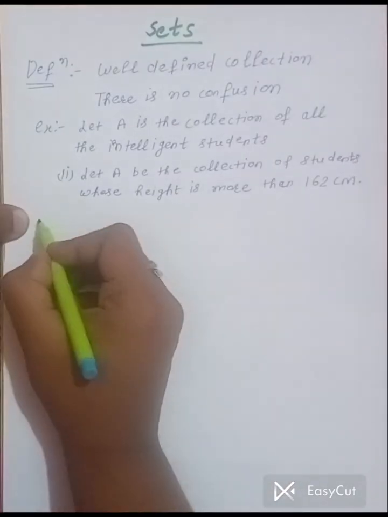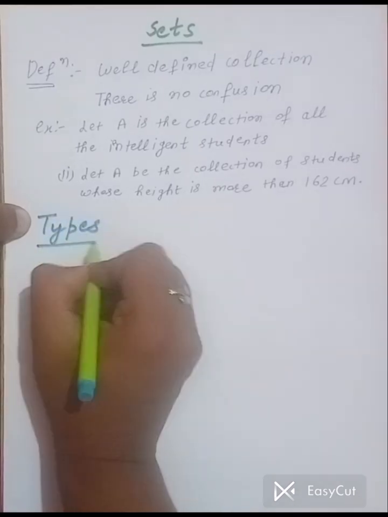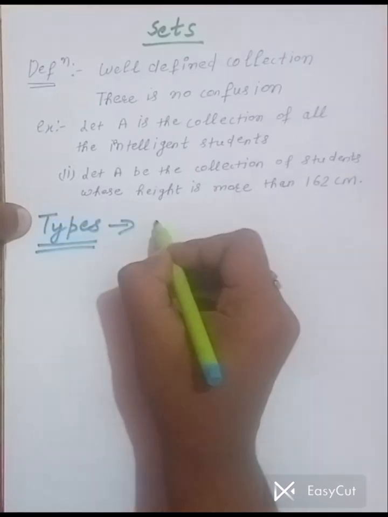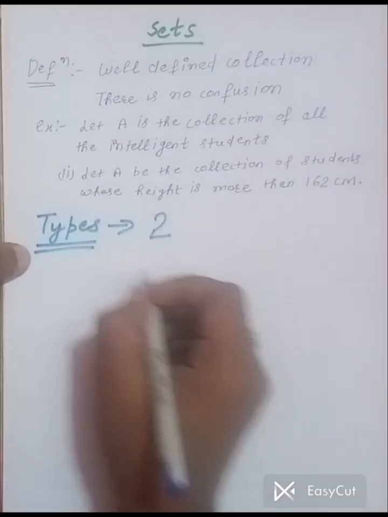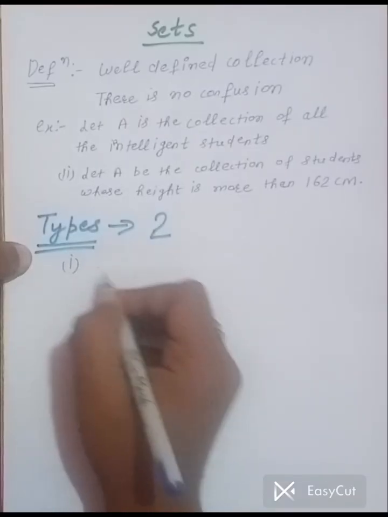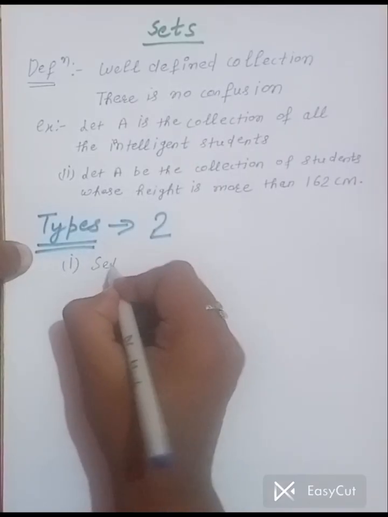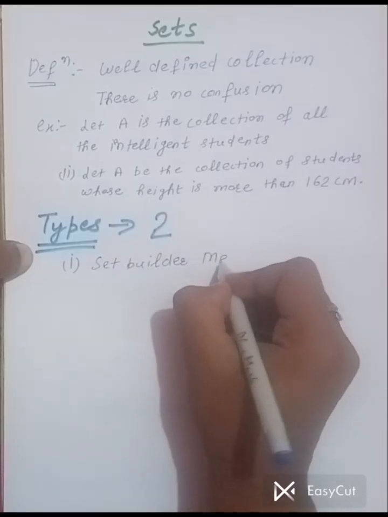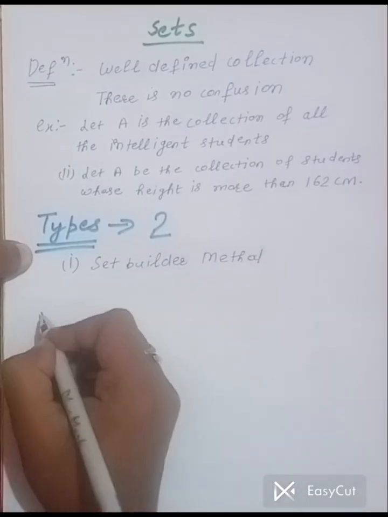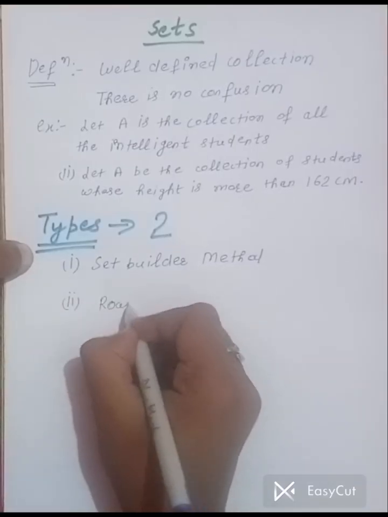So we can define sets through two types. One is the set builder method, and the second one is the roster method.